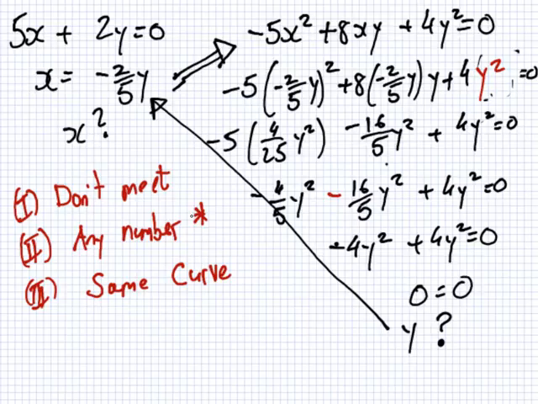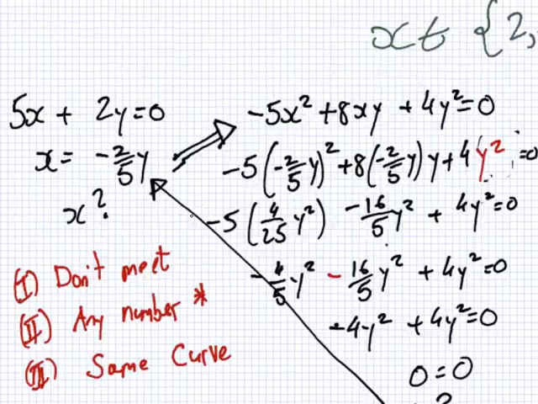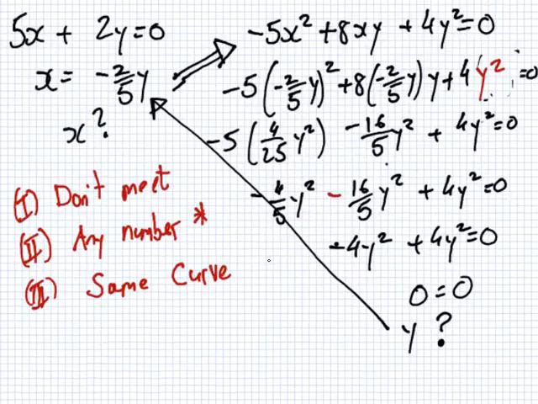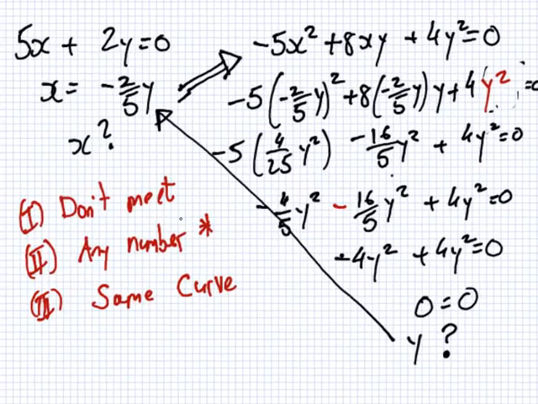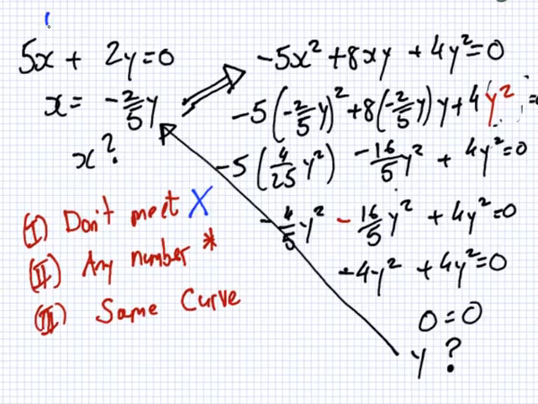So we can examine to see what's happening. The first one, that they don't meet. Well, I can easily prove to you that this one is wrong, because if I use 0, 0, is 0, 0 on this? Yes. Because it's 0 plus 0 equals 0. Is 0, 0 on this?